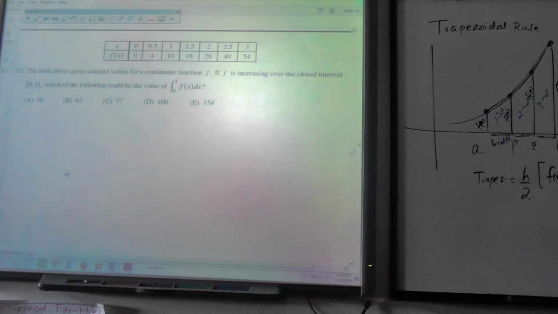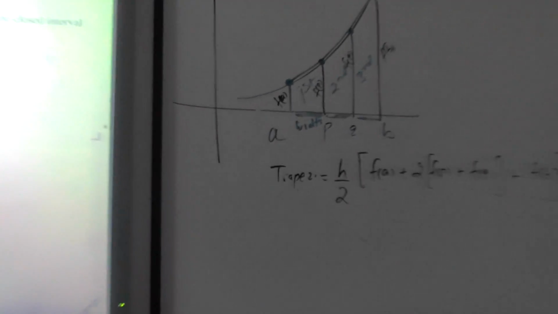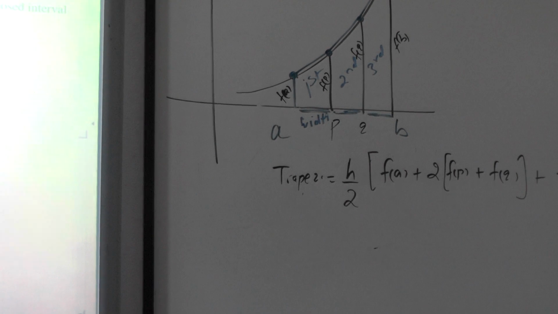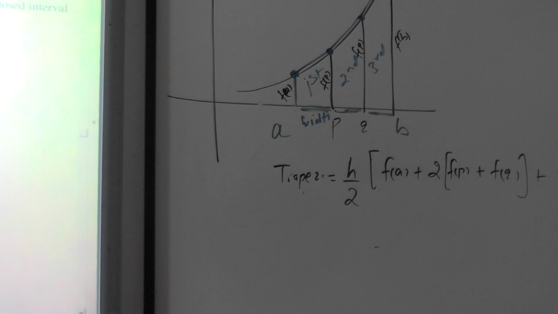This is how you have to do it. Just have a look at the formula that I showed. Look at this formula. You can clearly see that the formula is h over 2, where h is the small distance between the two parallel lines.